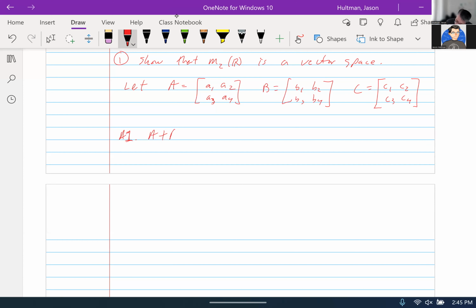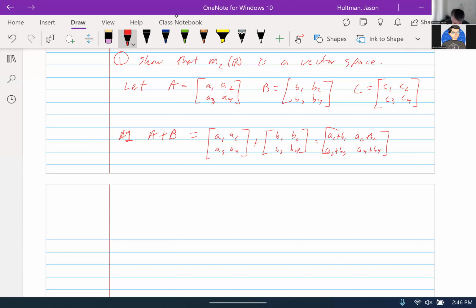Vector addition. Do I retain a 2 by 2 vector if I add these 2 by 2 vectors together? And yes, I do. I would get A1, A2, A3, A4 plus B1, B2, B3, B4, and that equals A1 plus B1, A2 plus B2, A3 plus B3, and A4 plus B4.